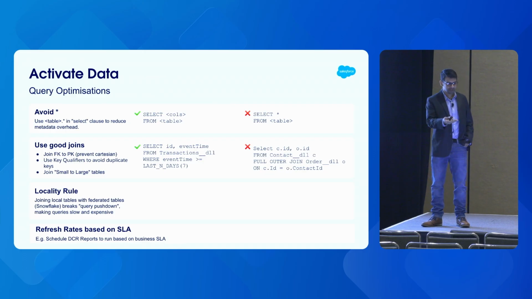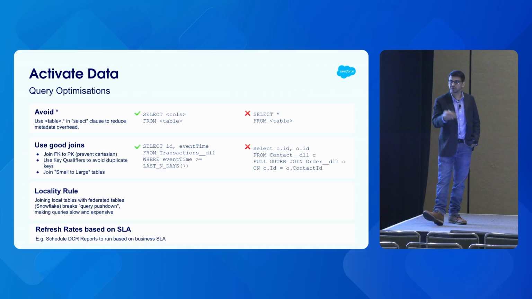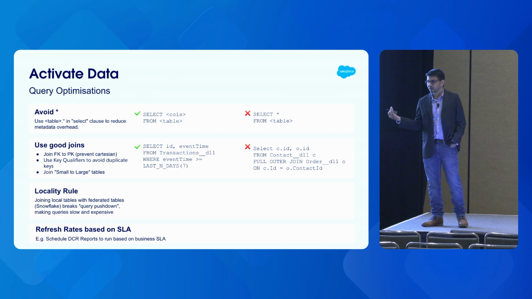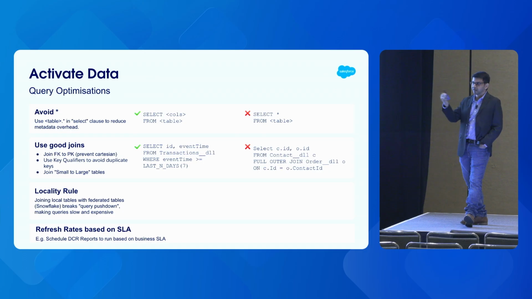What query push down is basically if you put a cross filter or you try to use a join, because you are accessing two different systems, query push down doesn't work. If the query push down or predicate push down doesn't work, you basically fall back to what you call table scan. You literally have to scan every record to find the relevant records and you get a subset of the records as output. So query push down breaks down with query federation if you try to mix a local table and a zero copy table.